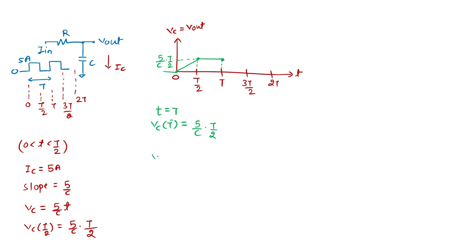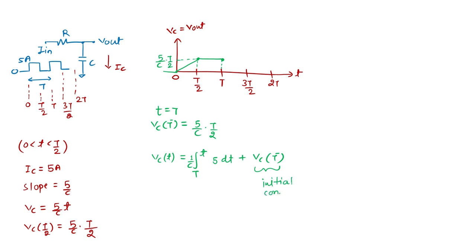We can write the equation as well. If we are integrating from t to t, what is the current? It is again the constant current of 5 applied here. So 1 by C integral of 5 dt, plus VC at t negative. This is the initial condition with respect to time equal to t.